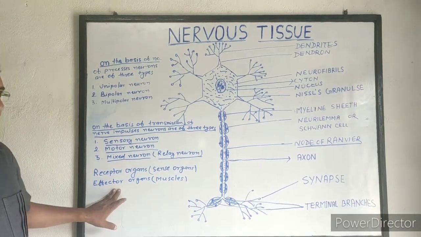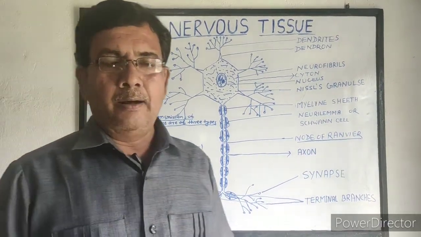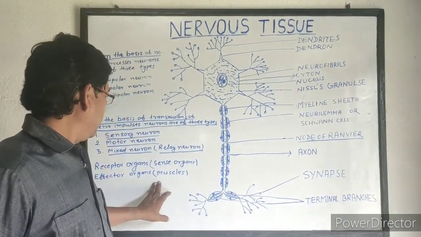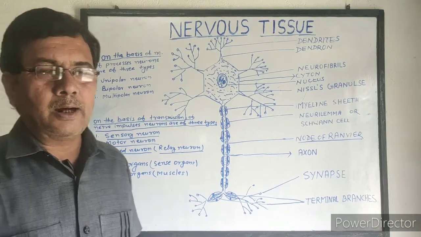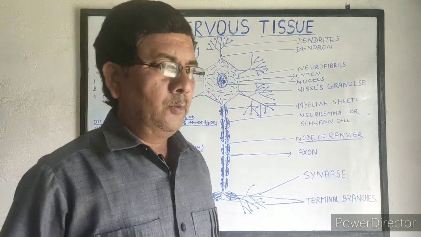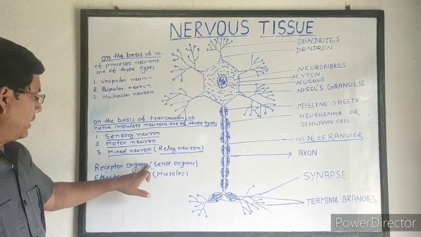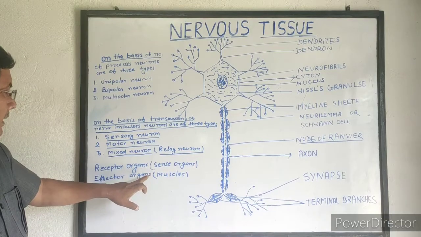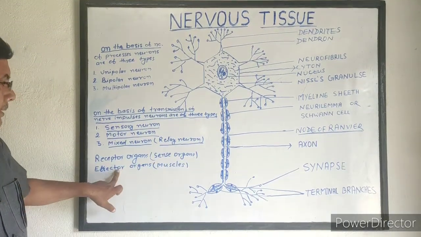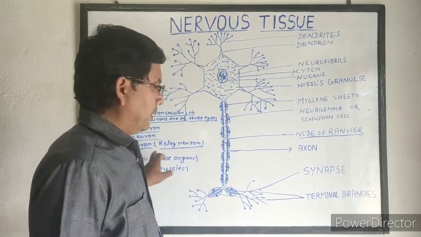And those neurons which transmit the order of the brain or spinal cord to the effector organs, that is muscles, are called motor neurons. And those neurons which give the message of the receptor neuron to the brain and the message of the brain to the effector neurons are called relay neurons or mixed neurons.